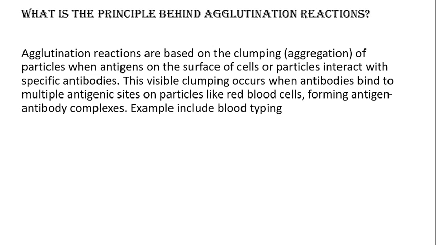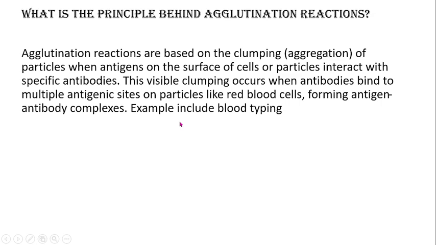When the antibodies correspond to the specific antigens on the red blood cell surfaces, their interaction results in visible clumping. This is one example of an agglutination reaction.